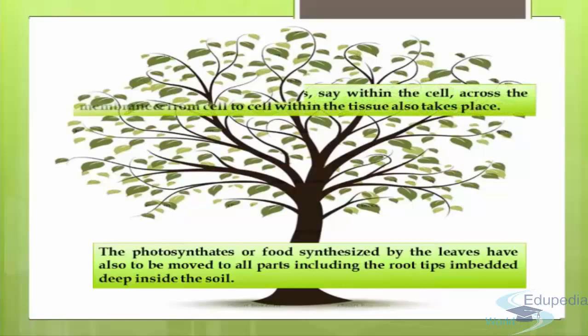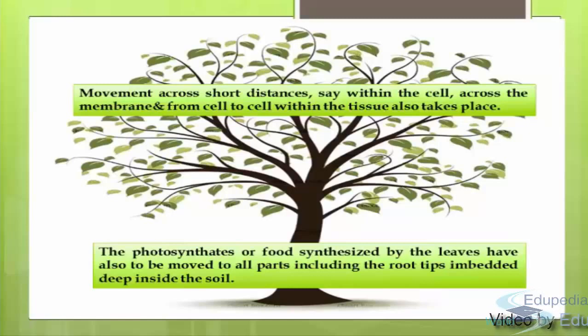Movement across short distances, say within the cell, across the membrane, and from cell to cell within the tissue has also to take place. To understand some of the transport processes that take place in plants, we should know about the structure of the cell and anatomy of plant body.